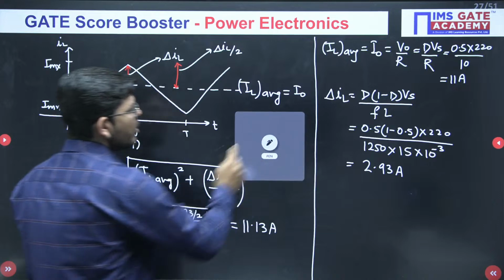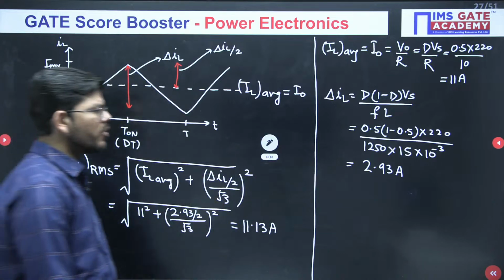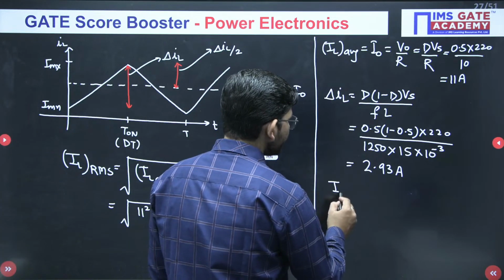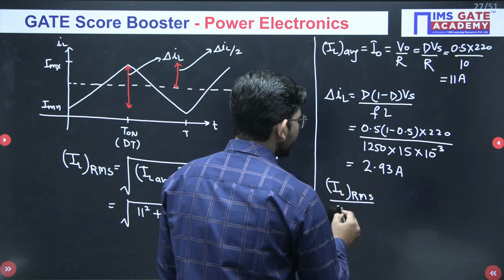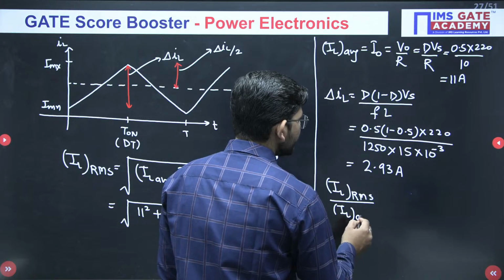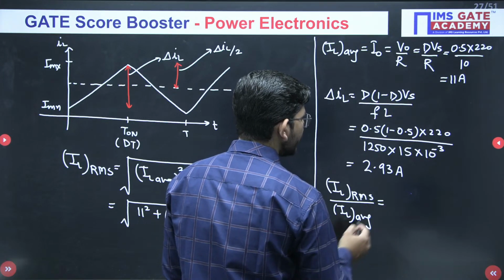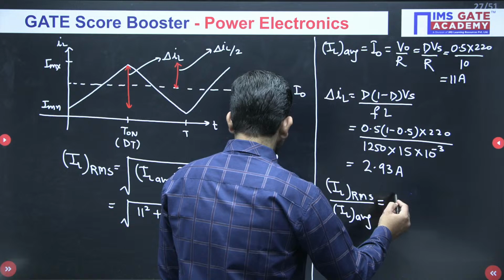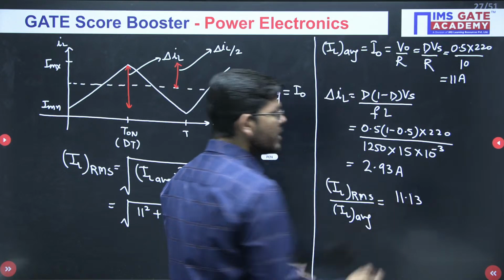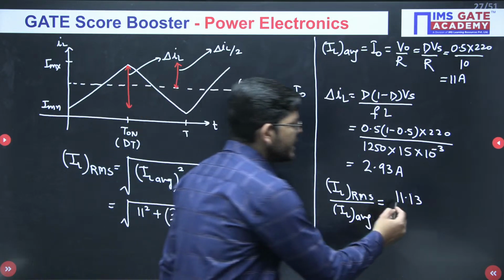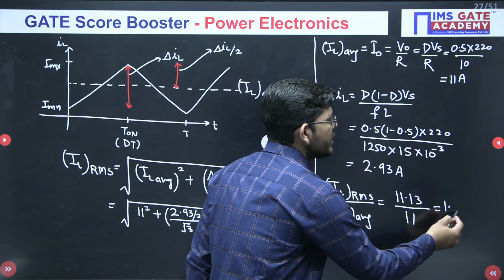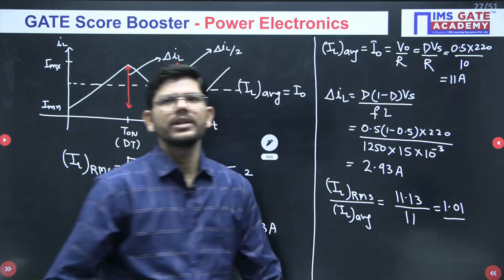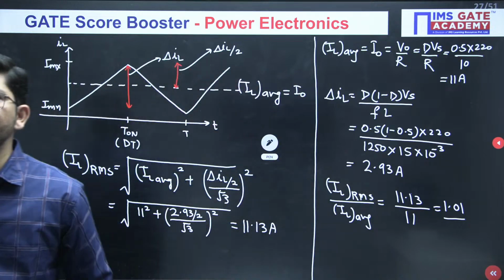Now all the values are with us, so we can find the ratio. IL RMS divided by IL average can also be called the form factor. IL RMS is 11.13 and IL average is 11, so you will get 1.01 as the ratio, which Divya is getting. Very good, Divya.